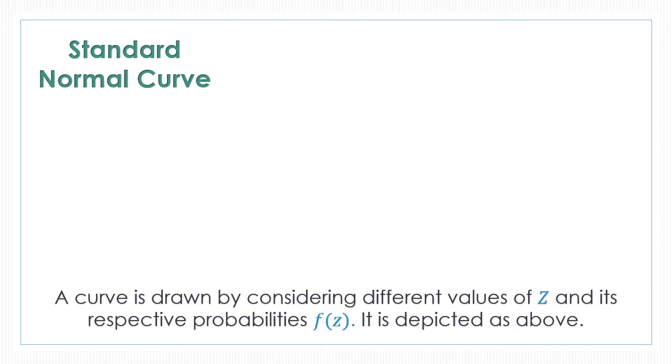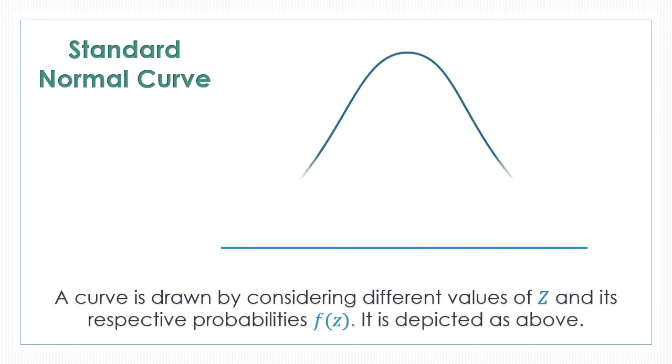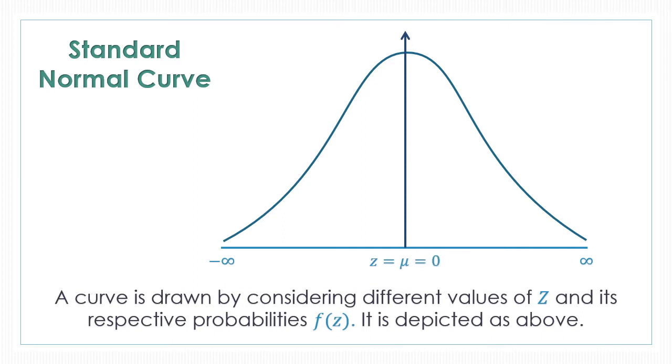Similarly, z is also a continuous variable, and its curve will also be bell shaped, with limits negative infinity and positive infinity, and its central value, which is the mean, is 0. So on the central part of the curve we have 0 because the mean is 0. All the values on the right side will be positive values up to positive infinity, and all the values on the left side will be negative values up to negative infinity.